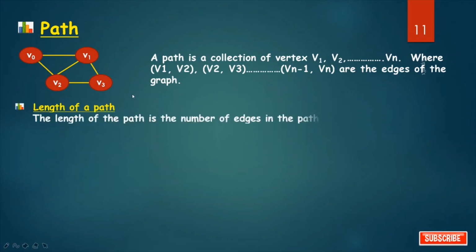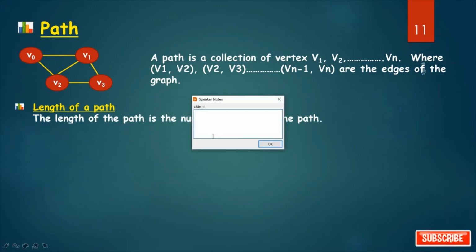So what is the length of the path? The length of the path is the number of edges in the path. So here because there are 4 vertices, 3 edges are required. See, we can write it this way: path from V0 to V3, that is P equals V0, V1, V2, V3.